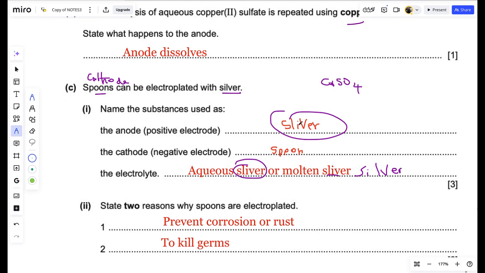So the silver in the anode will dissolve and join the silver sulfate or silver chloride, and then the silver will go and join the spoon to electroplate the spoon. Is that okay? So that's that for that.